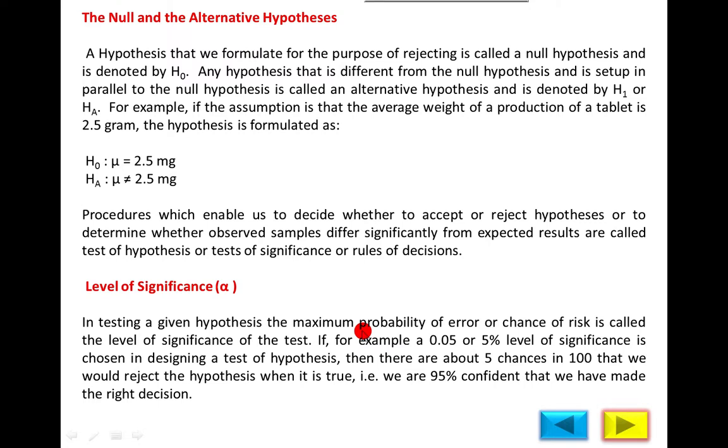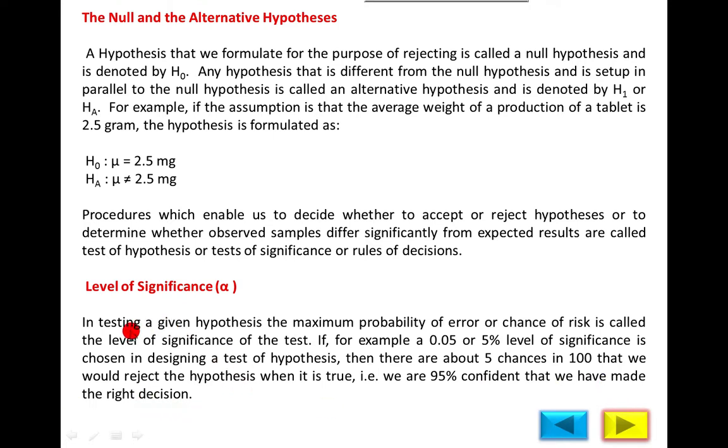Probability of error and probability are the same thing. So if you test the hypothesis and the decision is to reject the null hypothesis, your decision may be wrong if you take 5%, or you will be 95% confident you have made the right decision.